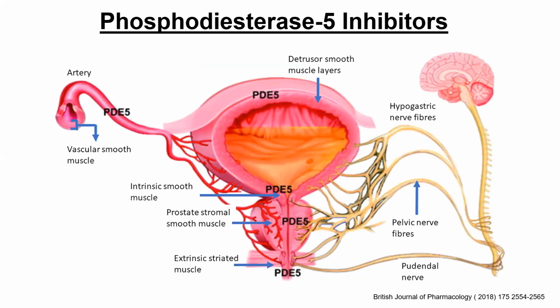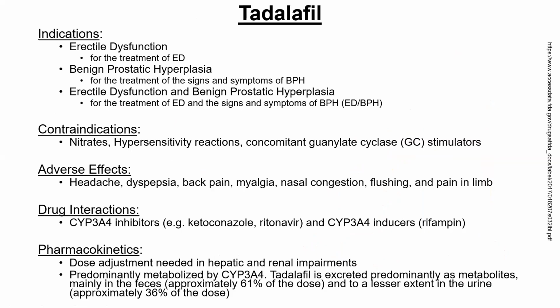The places where you see the most expression are the detrusor muscle, the bladder, prostate, stromal smooth muscles, extrinsic striated muscles, intrinsic smooth muscles, and vascular smooth muscles. They all express PDE5. So when you have a PDE5 inhibitor that has a long half-life, it will inhibit these PDE5, and that helps with relaxation of smooth muscles and facilitates urinary passage.